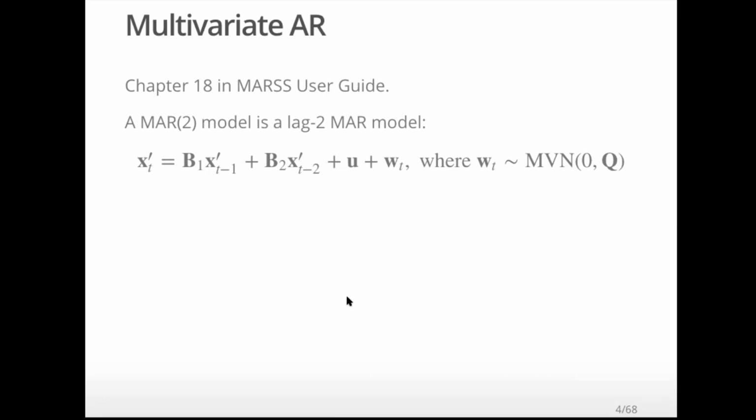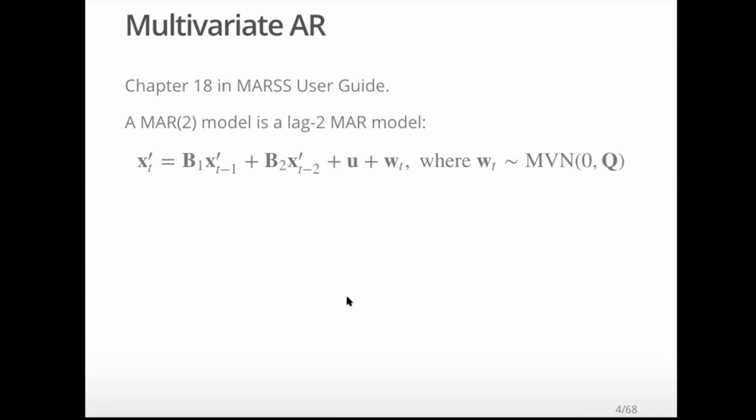fast algorithm for estimating the underlying state estimate, so the expected value of the states. If you know the parameters, the Kalman filter will just run right through it. And the other nice thing about that is it's a very quick way to get you the likelihood.